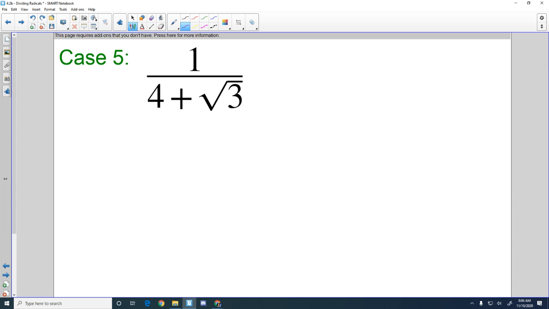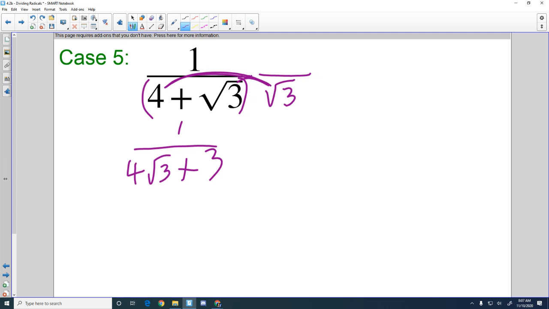So first off, don't do what I'm about to do. I'm going to show you what not to do. Don't write this down. You might say, oh, there's a square root of 3, let's multiply by another square root of 3. Seems feasible, except you have to remember that since there are two terms in the bottom, you'd have to distribute this square root of 3 times both of them. So where the square root of 3 times the square root of 3 is just a 3, when I multiply it by the 4, I'd get 4 square roots of 3.